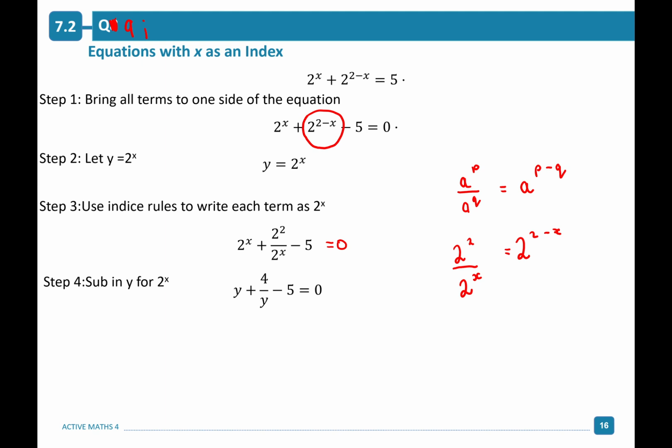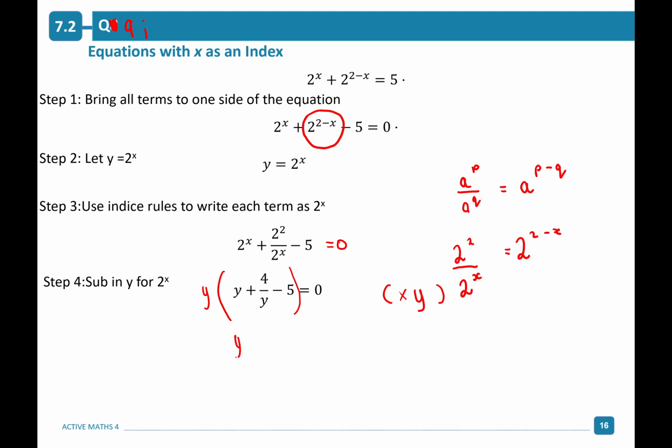I now want to solve for y. Well, the first thing I notice here is that I have a fraction, and you know that we hate fractions. Therefore, we're going to get rid of our fraction first by multiplying every term by our denominator y. So I'm just going to multiply everything by y here.